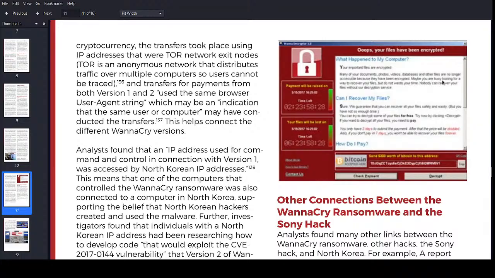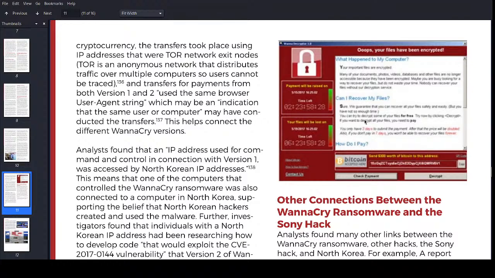Perhaps you are busy looking for a way to recover your files, but do not waste your time. Nobody can recover your files without the decryption service. Can I recover my files? Sure, we guarantee that you can recover all your files safely and easily, but you have not so much time.